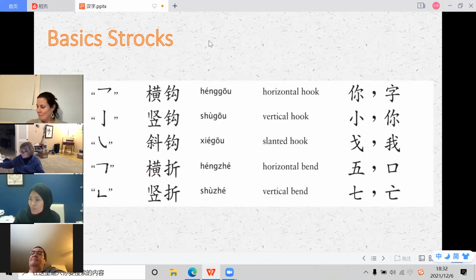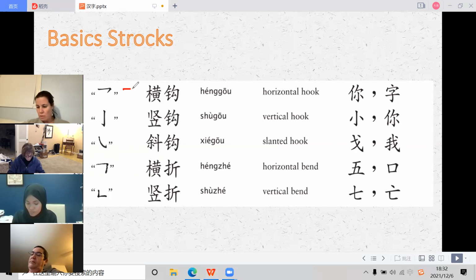And this one, the first one is 横钩, horizontal hook.